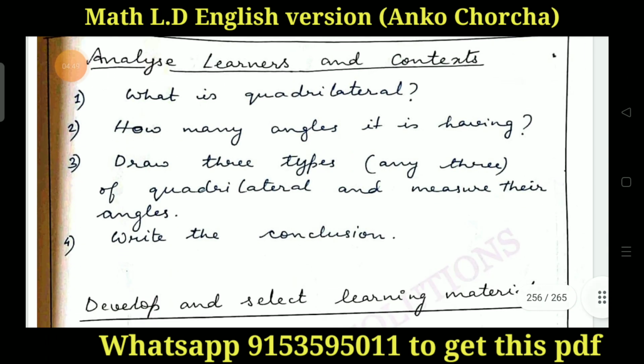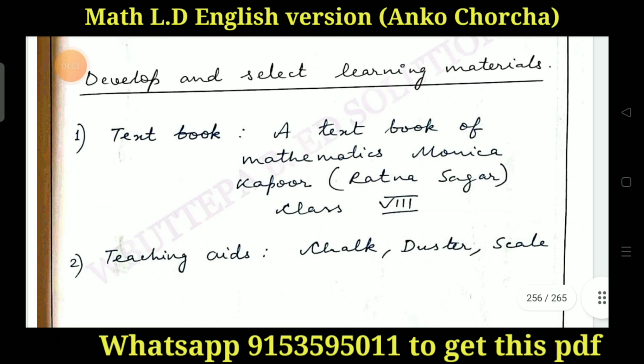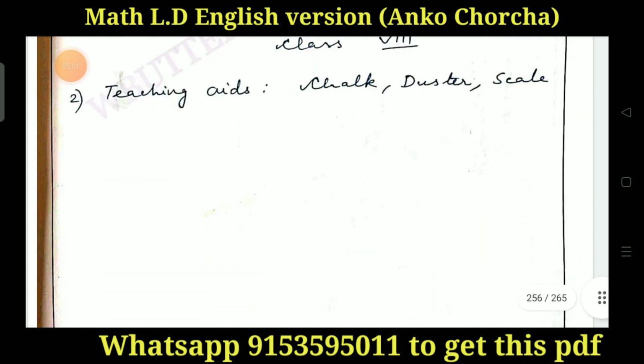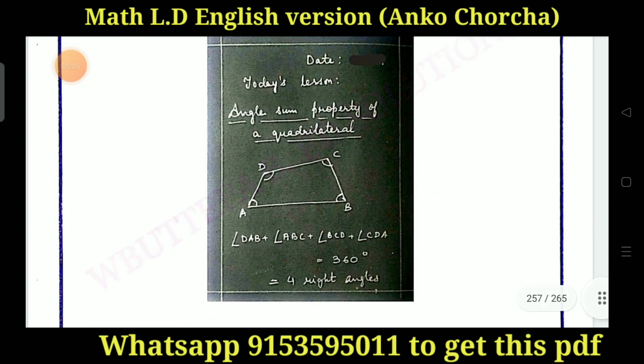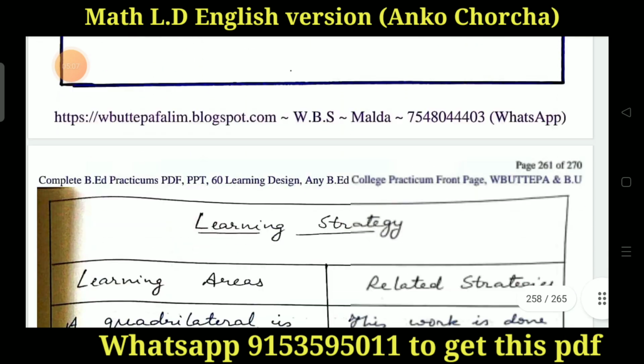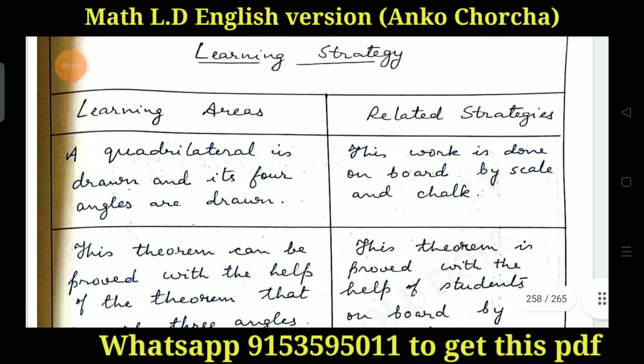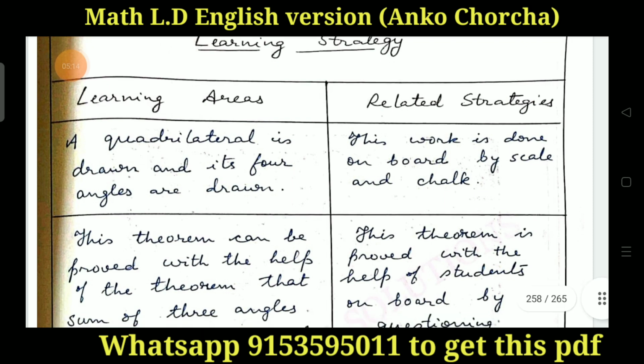Analyze learner and context. There are some questions. Develop and select learning materials, textbooks and teaching aids. Textbook of mathematics, teaching aids, chalk, duster and scale. Here we see some blackboard work. Learning strategies are two parts: learning areas and related strategies.